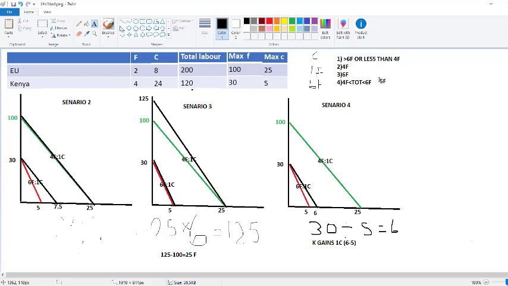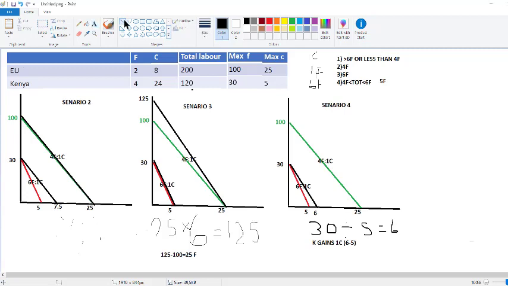The terms of trade has now increased to 5 food per 1 carbon. Initially their pricing was 4 food per 1 carbon. It's now gone up to 5 food per 1 carbon, meaning carbon has gotten more expensive. So now the incentive is to produce carbon entirely.